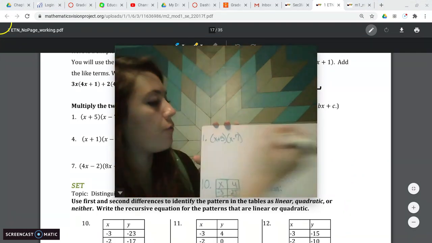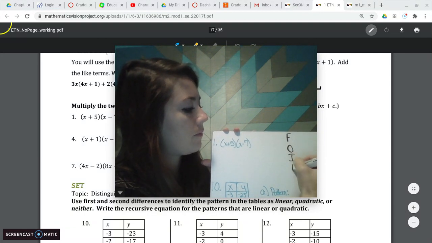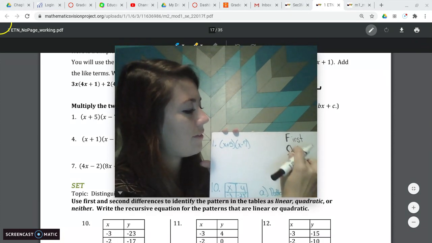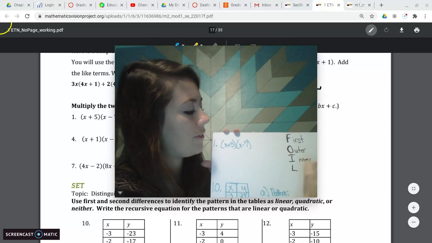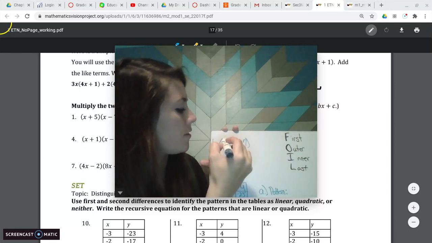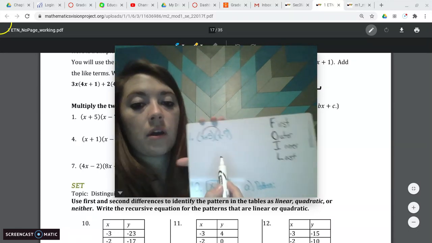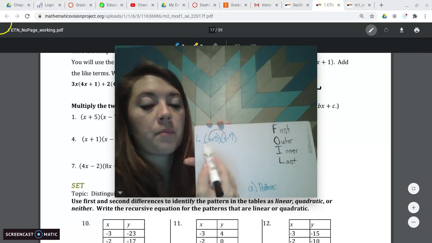Okay, so FOIL, like I said: first, outer, inner, and last. What it means by first is we're taking the very first term of each of the two parentheses and multiplying them together.